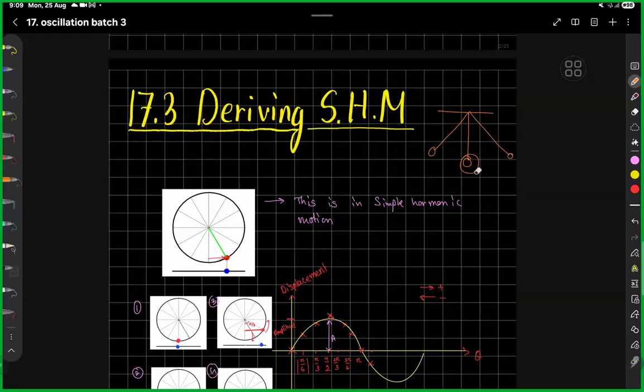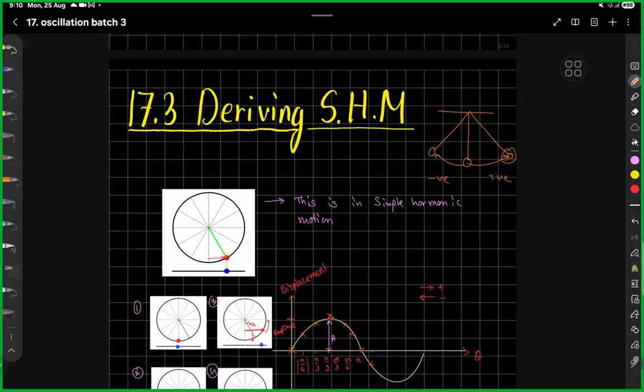Over here, the pendulum will have maximum velocity. Over here, when it goes to the extremes on either end, it reaches the extreme amplitude, extreme displacement on either side. Let's say this is the negative side and this is the positive side. At that maximum point on the positive side, the right-hand side, momentarily the pendulum pauses.